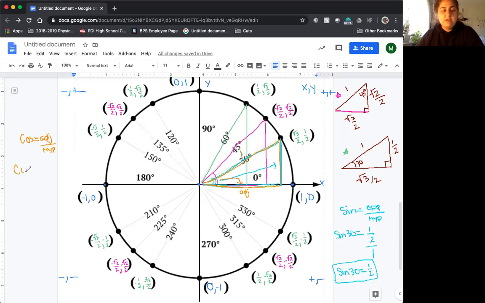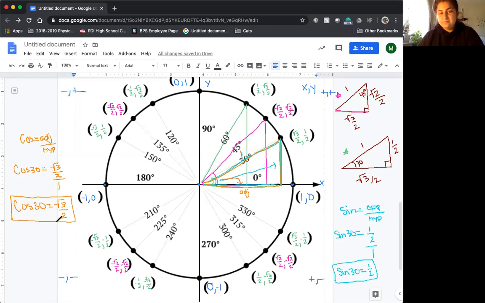So my cosine of 30 degrees equals root 3 over 2 divided by the hypotenuse, which is just 1 because it's a unit circle. So cosine of 30 will always equal root 3 over 2, always. And you might get a decimal, you might get it in this radical fraction form, but it will always equal root 3 over 2.